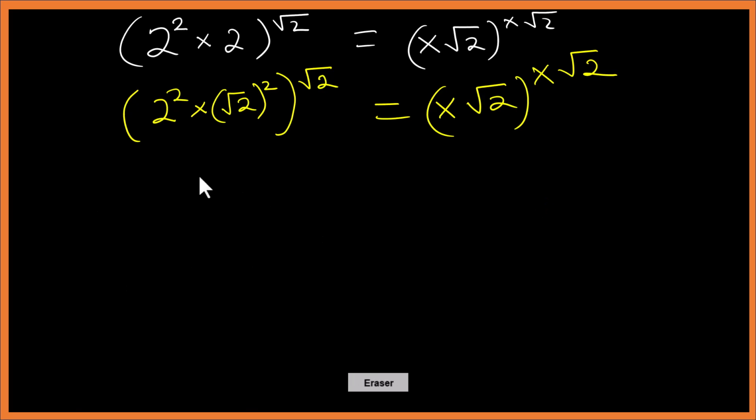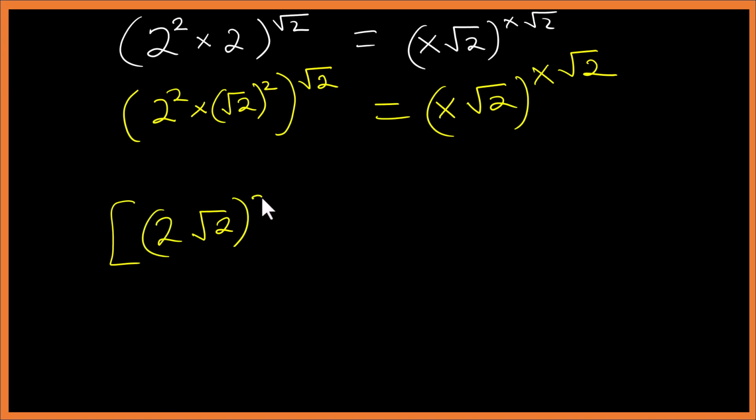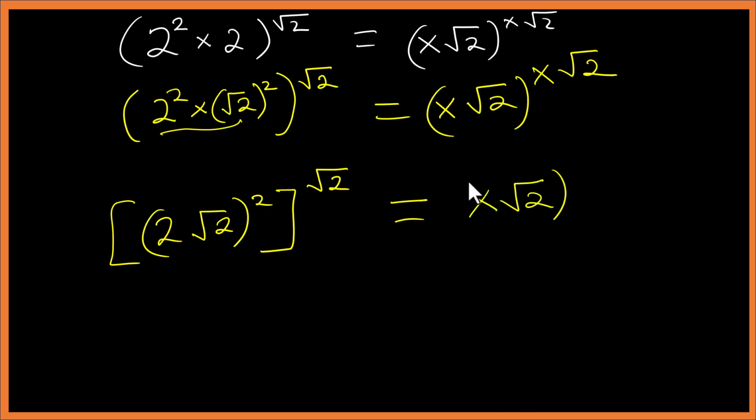All right. So let's go ahead as we deal with the powers here. So this side will be 2 times root 2, all raised to 2, and all raised to square root of 2. Okay, it's very, very powerful. So this side is here. Going back, the 2 raises 2 and this one also raised that. Okay, so this side remains the same, x times square root of 2.